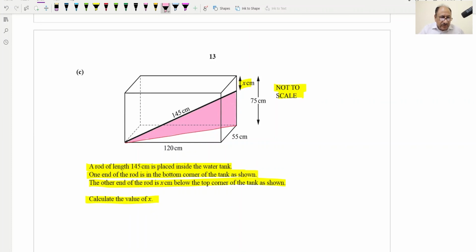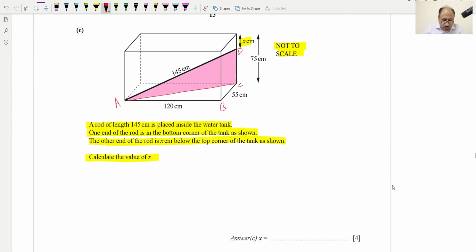So this one I've shaded, this triangle. Now we'll be considering this triangle. We can name the sides. This is A, this is B, this is C, and this one we can name as D. So we will be referring to this one. So AC squared, we will be applying Pythagoras theorem first. We need to find the AC side, so we can use this side and this side to calculate AC.